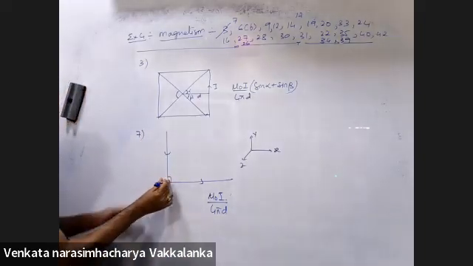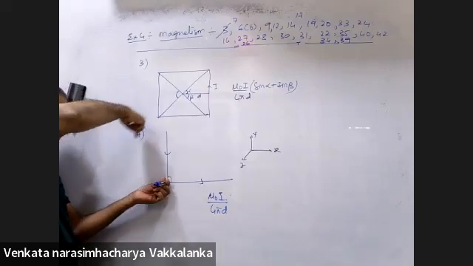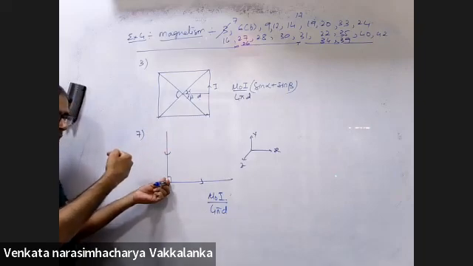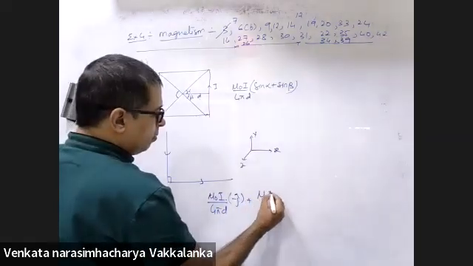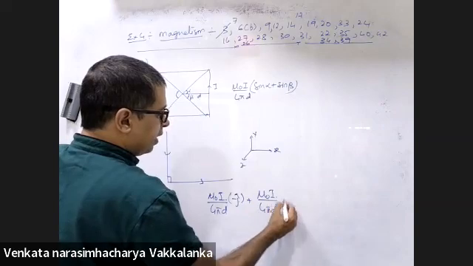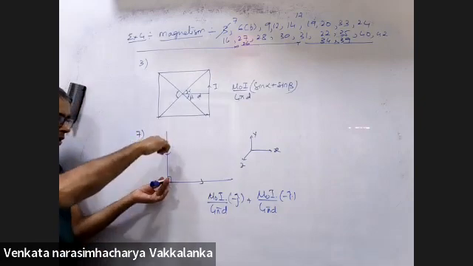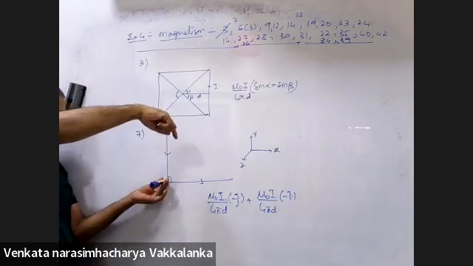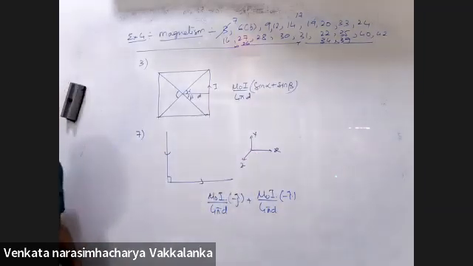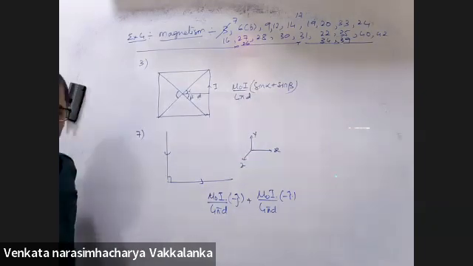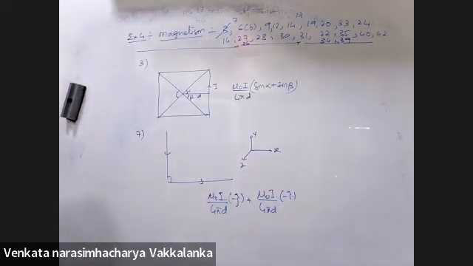Now come to this particular wire. Its magnetic field is circular this way, so the field will be towards me. This was minus j cap. Because of this wire, it will be mu naught I by 4 pi d minus i cap. Towards me means minus i cap. Take the resultant of these two and the job should be done. Yes, sir.